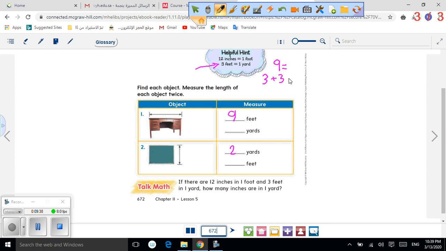Yes, 6 plus another 3, so it will be 9. Yes, exactly. It has 3 threes. So 9 feet equals 3 yards.